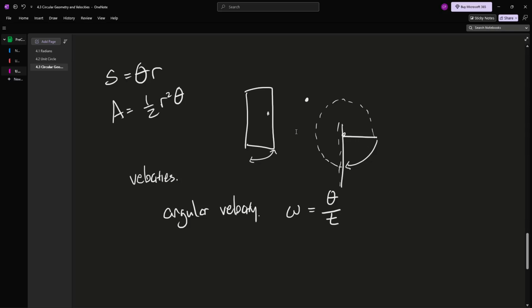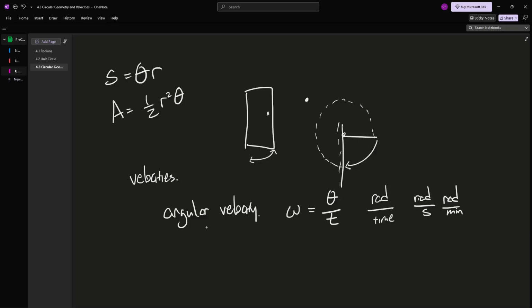We just take whatever angle I'm traversing over how long it takes, and that is my angular velocity. This is often in radians per whatever time you have. It could be radians per second, radians per minute, radians per hour, per millisecond, anything.